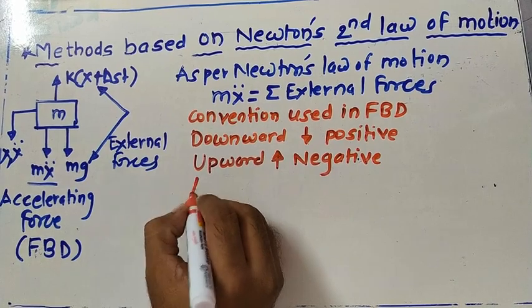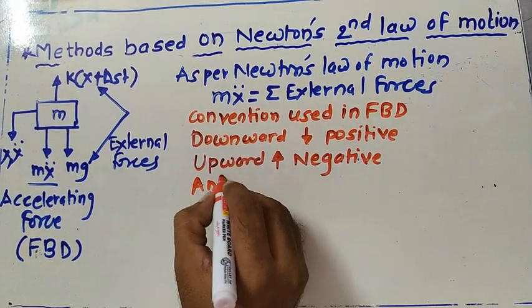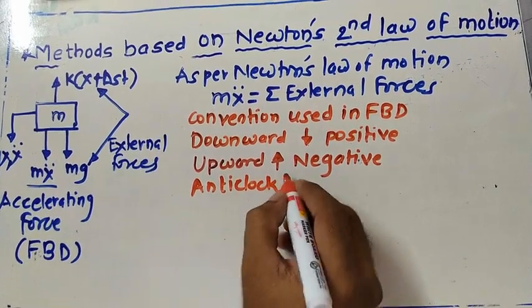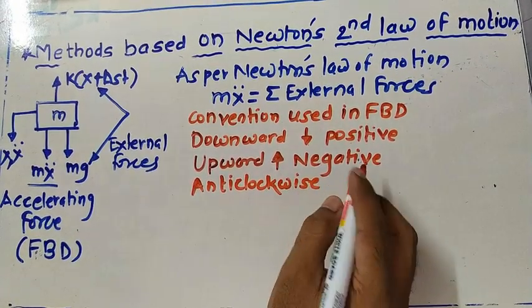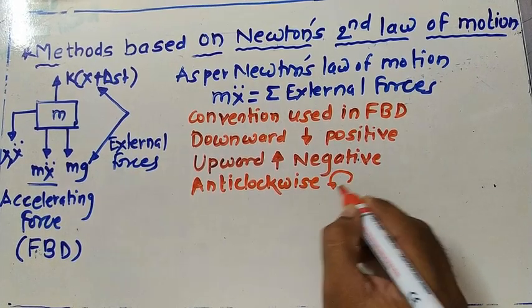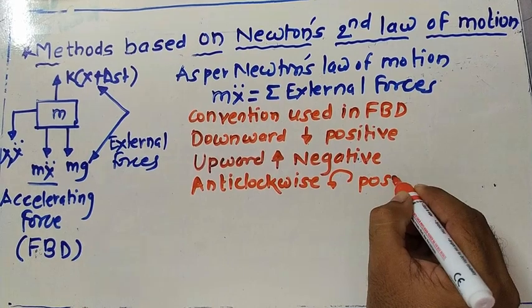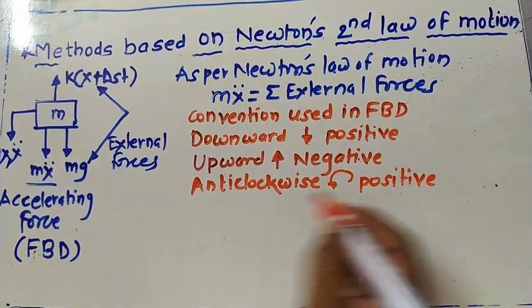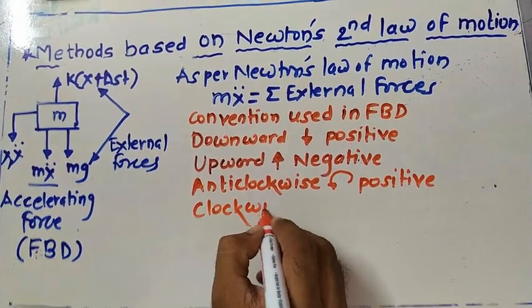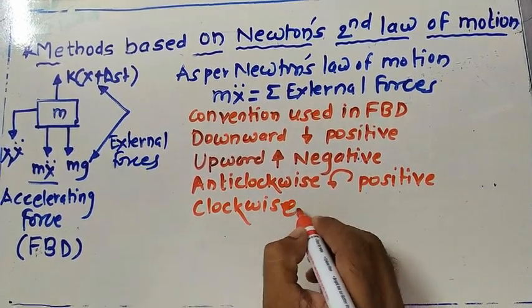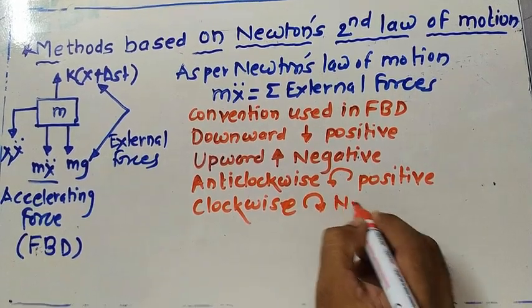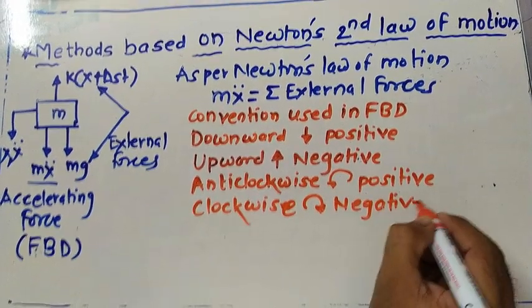Okay, if any anti-clockwise moment is there, then you have to consider the positive sign for the same. And if a clockwise moment is available in the system, then you have to consider the negative sign for the same.